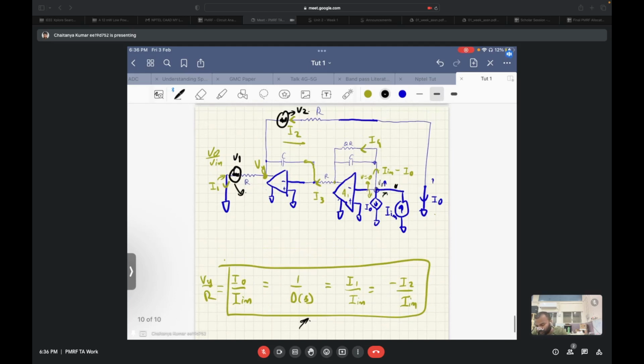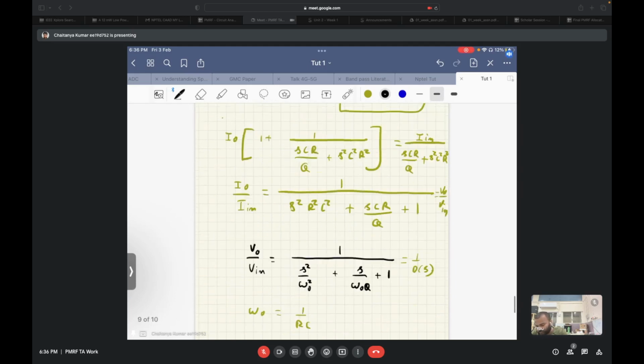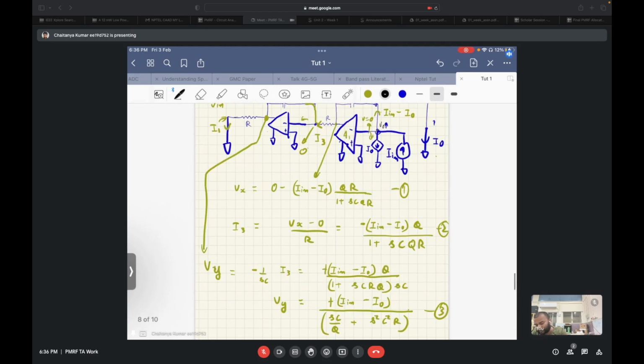And as far as I3 is concerned, if we do the manipulation, we have I3 as this equation.